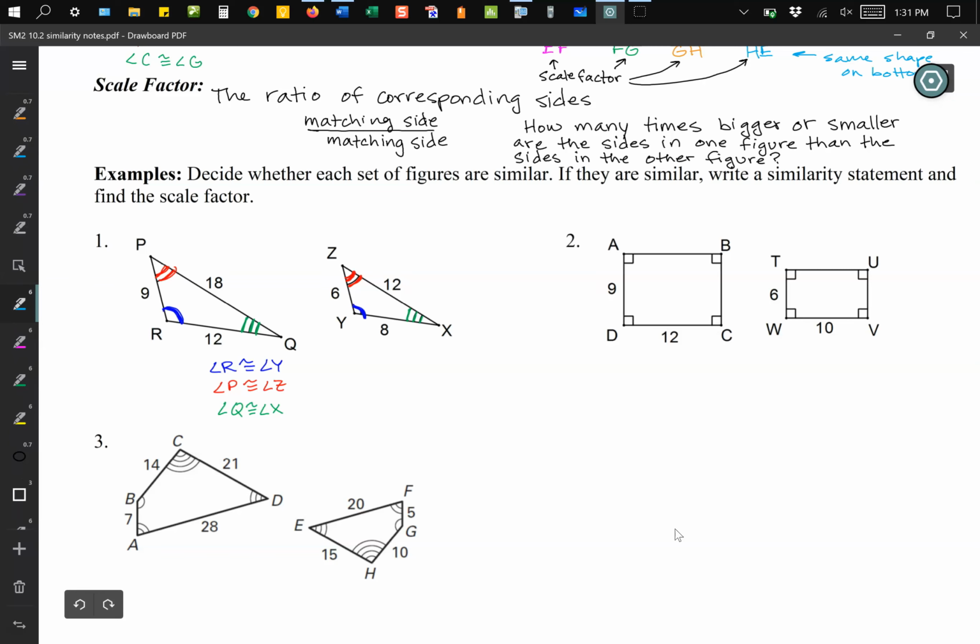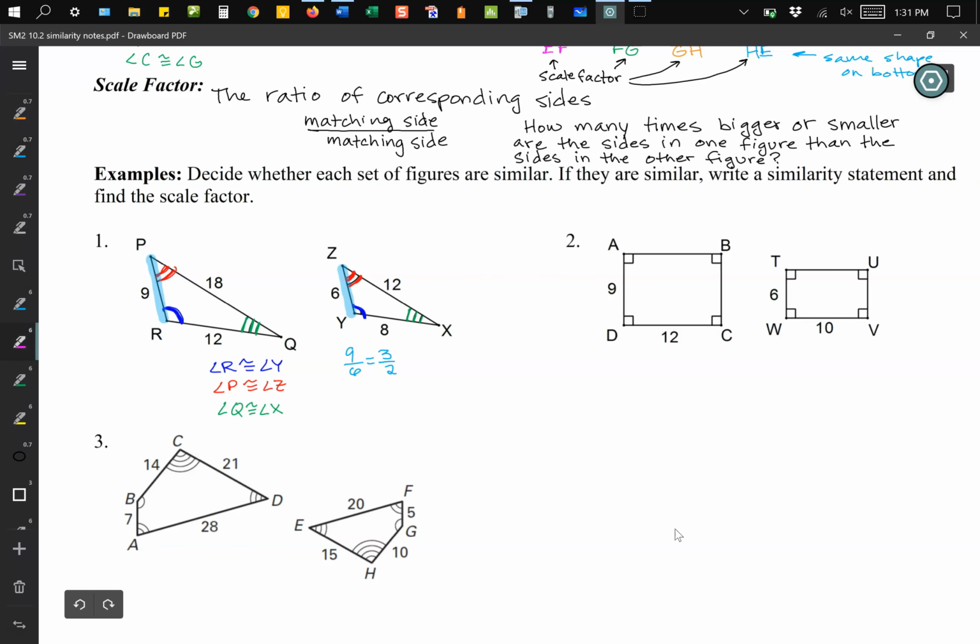So let's look at the shortest side divided by the shortest side. Always go shortest over shortest, middle over middle, longest over longest. So shortest over shortest is 9 over 6. Reducing that fraction gives me 3 over 2.